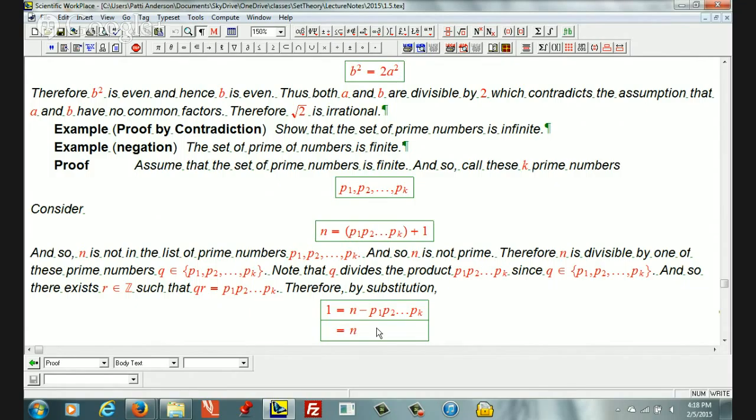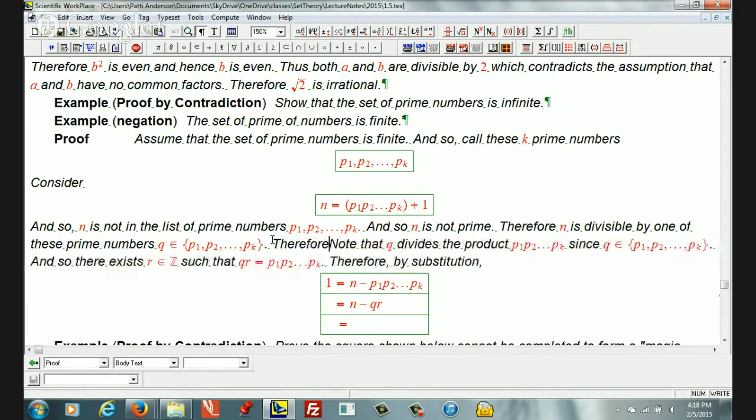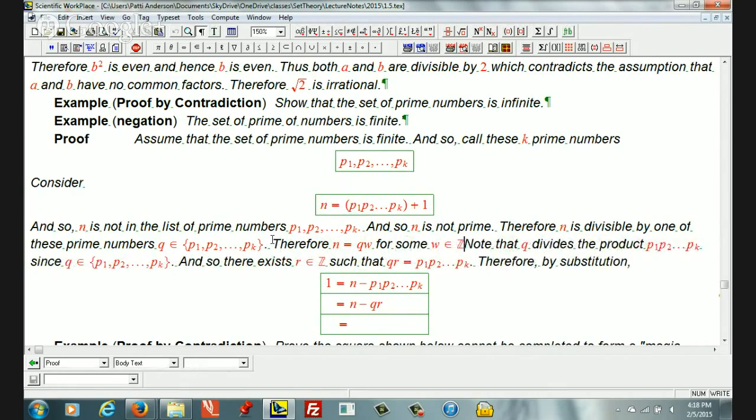But that's N minus Q times R. But I know N was divisible by Q. I'm going to put right here N is equal to Q times W, some W in the integers. So now I can come down here and put this as QW.